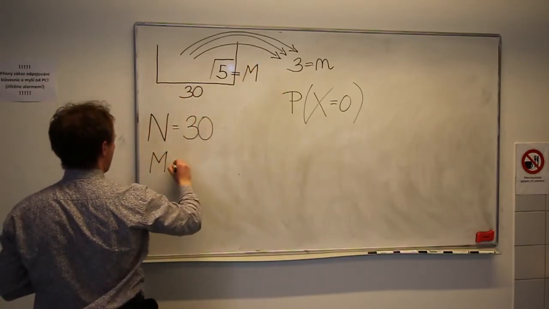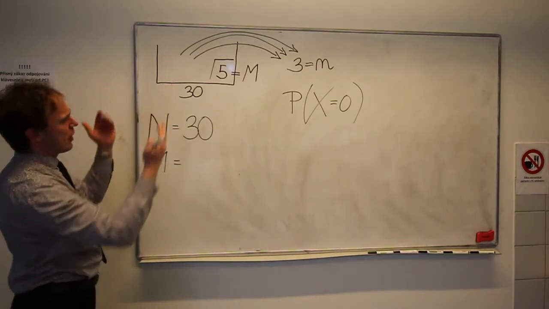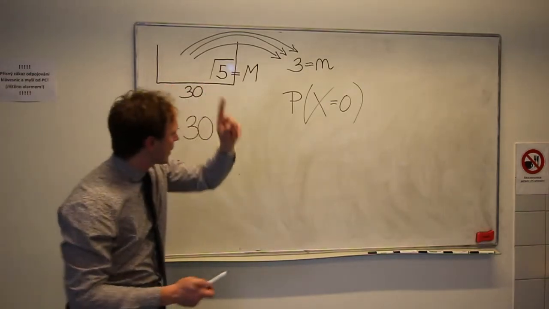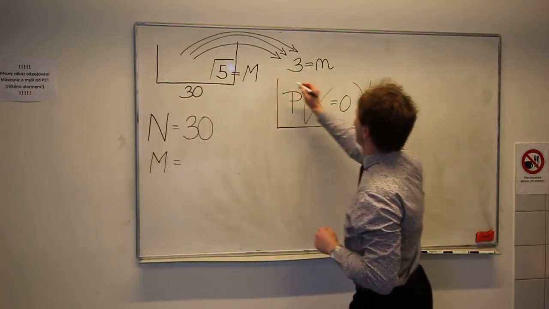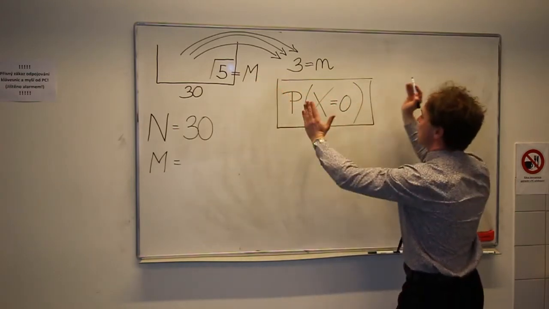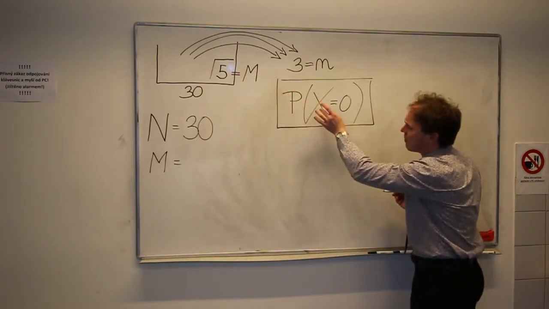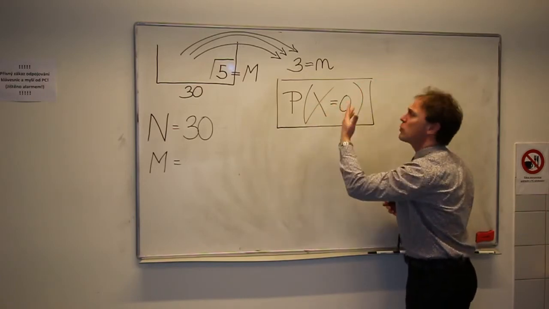Capital M is a special characteristic which is connected with our calculated probability. This special characteristic is connected with the probability that random variable x, the number of damaged light bulbs, will be equal to 0.